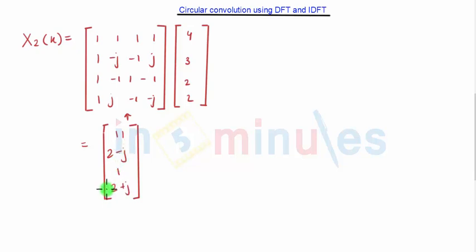Now we have to use the property of circular convolution. The property of circular convolution is that x1 of n convoluted with x2 of n is equivalent to the DFT multiplication, that is x1 of k into x2 of k. We have calculated x1 of k and x2 of k, so let us calculate the circular convolution.